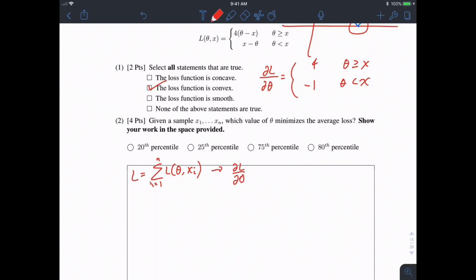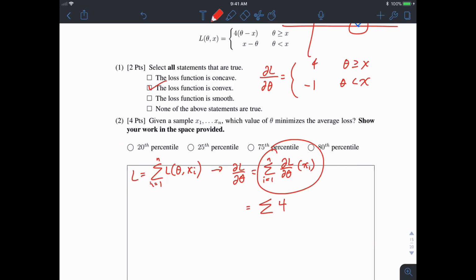my derivative of my loss, and this is the same process that we've done numerous times, both in lecture, discussion, lab, and homework. If I take the derivative of my loss, I'll be left with a sum of these derivatives, right? So the sum of dL by d theta evaluated at xi. So this sum right here will have n terms, all of which are either 4 or -1, right?